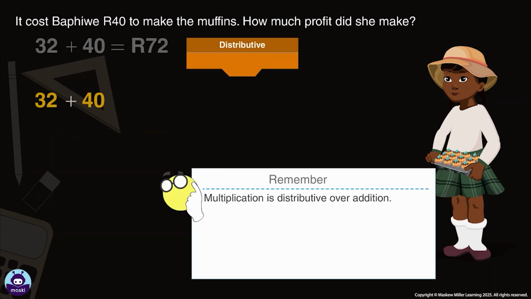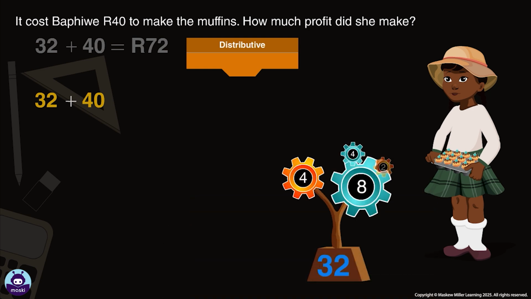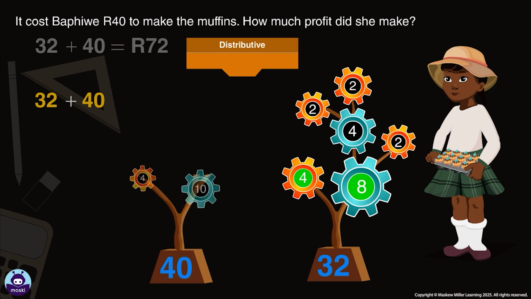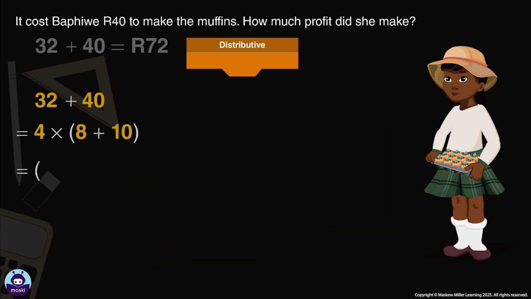Remember that multiplication is distributive over addition. This means that the result of multiplying a number by the sum of numbers is the same as the result of multiplying each number separately. Let us find a factor of 32 and 40 and then distribute it over (8 plus 10): 4 times (8 plus 10) equals (4 times 8) plus (4 times 10).